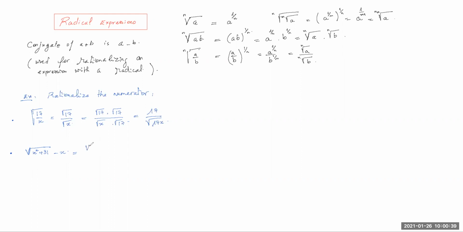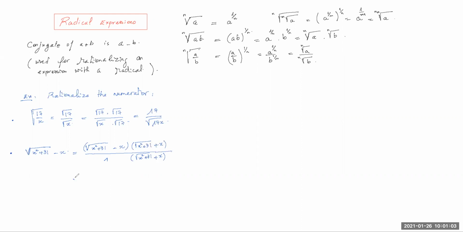How will we use it? We will multiply both numerator and denominator by the same expression, the conjugate: square root of x² plus 31 plus x. And then we will use what?